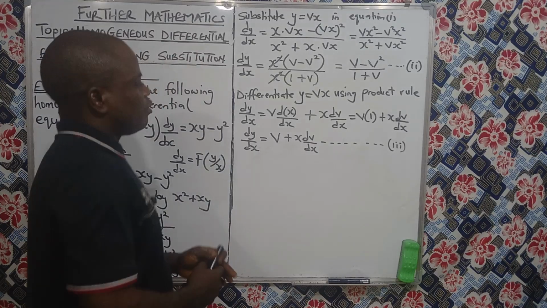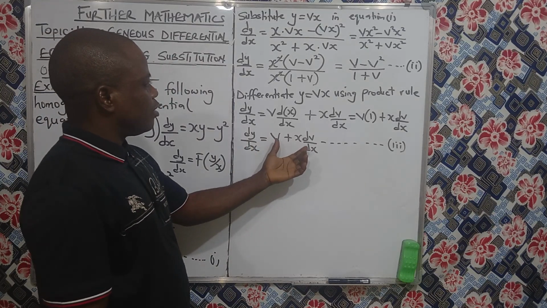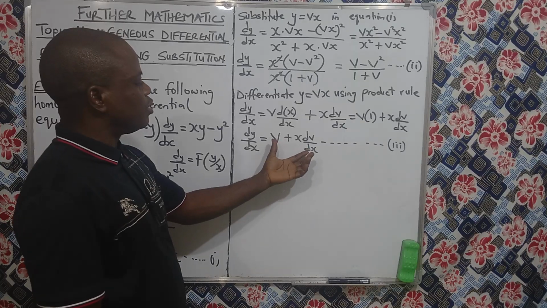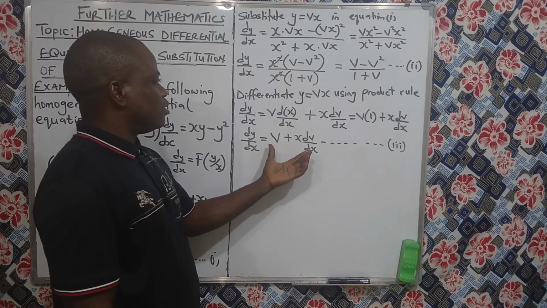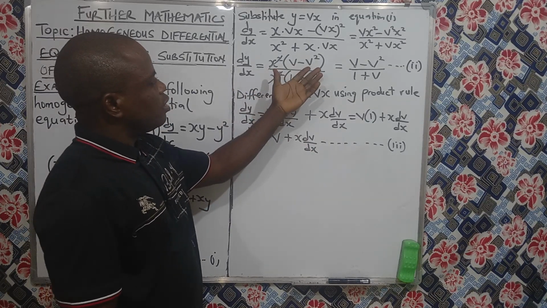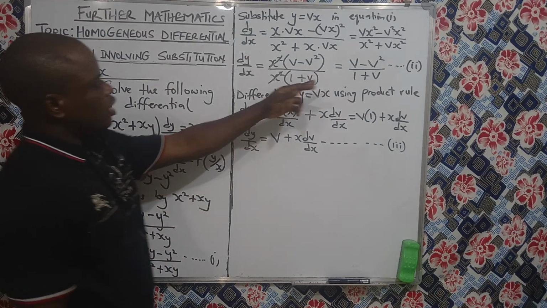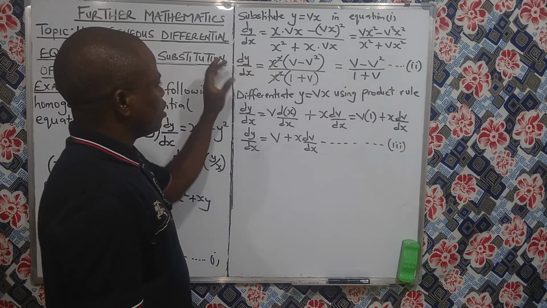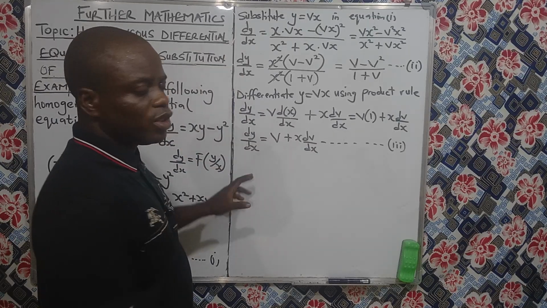Now, we have this dy over dx in terms of v. We have done justice to this differentiation, and likewise we have substituted vx into equation 1 to get this equation 2. Since they are both dy over dx expressed in terms of v, you now equate them together.